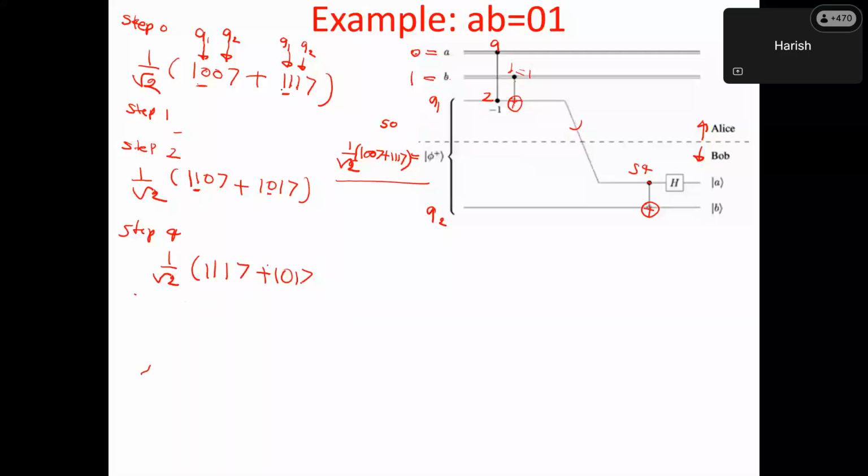Okay. Now focus on step 5. In step 5, we are applying the Hadamard gate on the first qubit. Hadamard gate on first qubit.